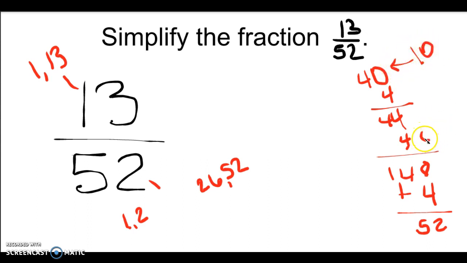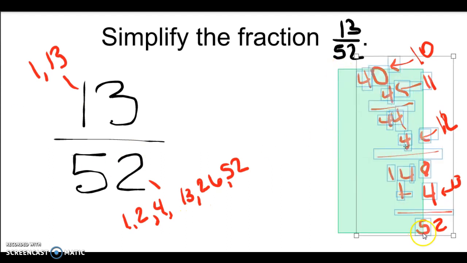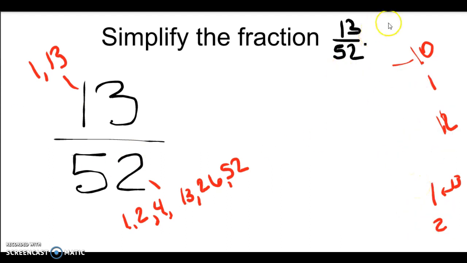Here's my 11th. Oops, I skipped one. Here's my 11th. There we go. Here, this one right here is my 12th. And so this guy is my 13th. So I'd have to do 4 13 times.